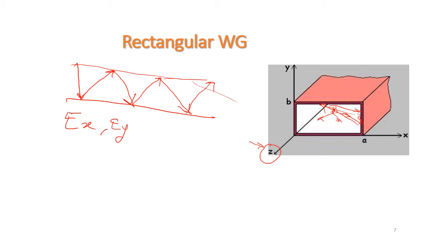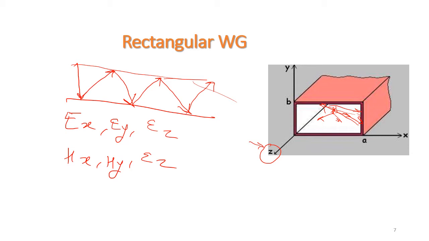And if the magnetic signal is propagating along the z-axis, then Hx and Hy components are present. Or we can write here Ez also. Such components are present along the x, y and z axes, and these components are perpendicular to each other and perpendicular to the direction of propagation, that we know about an electromagnetic signal.